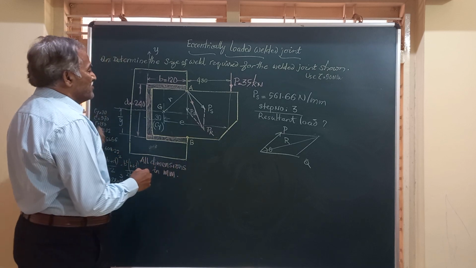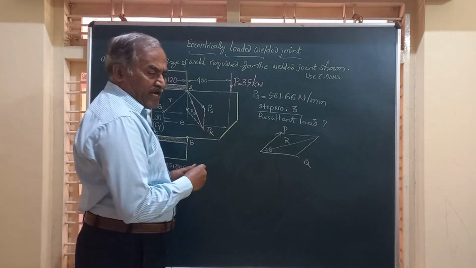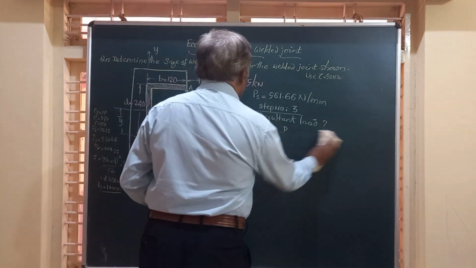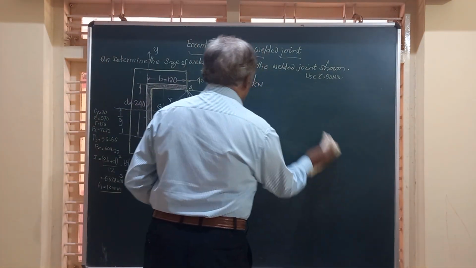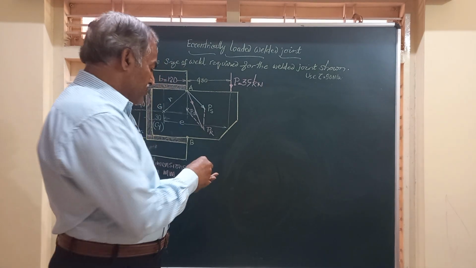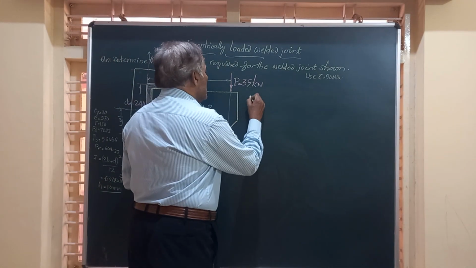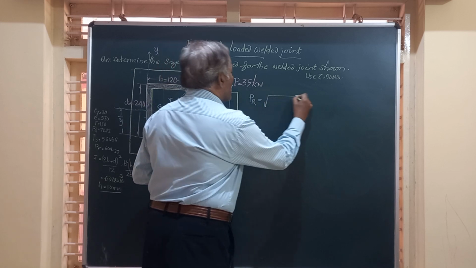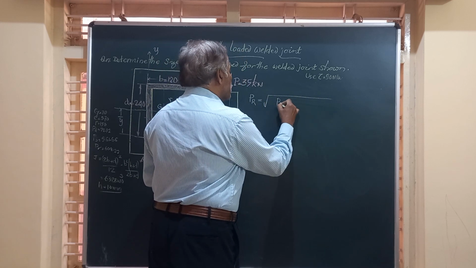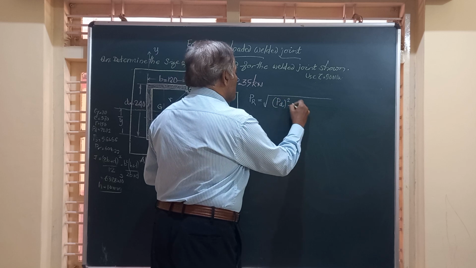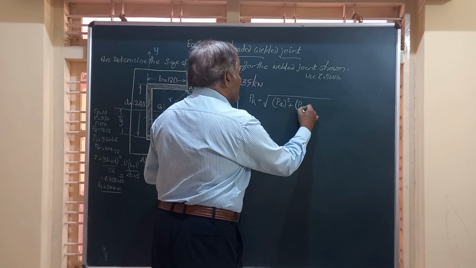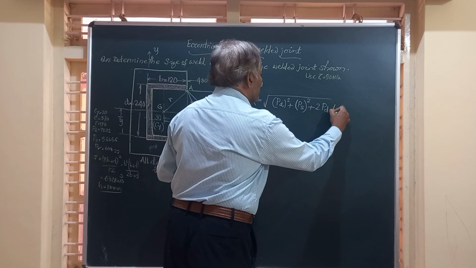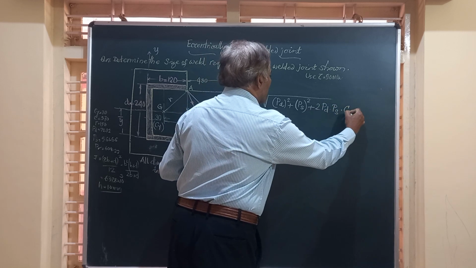Friends, how to find out? Now we have the formula in terms of PD and PS to get the value of the resultant load. So we can just write down the resultant load PR is equal to square root of PD square plus PS square, the secondary load, plus 2 times PD PS into cos theta.